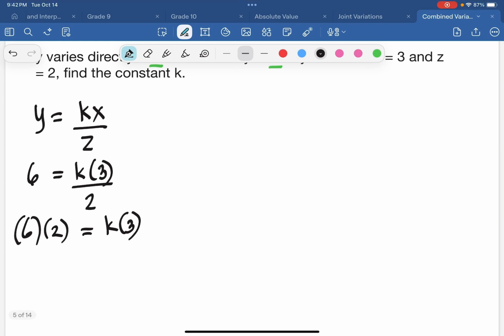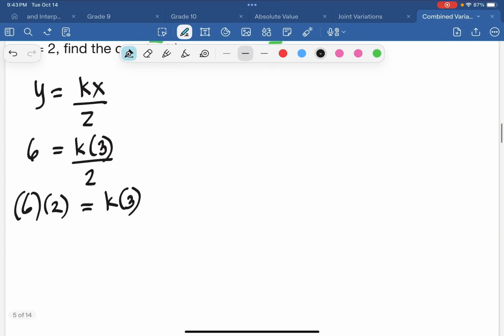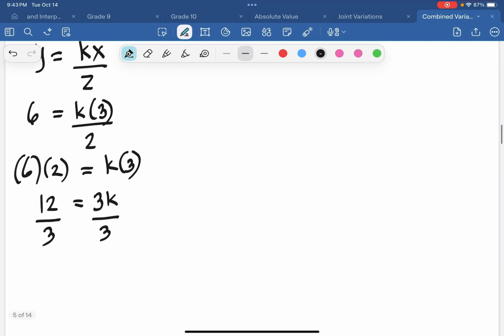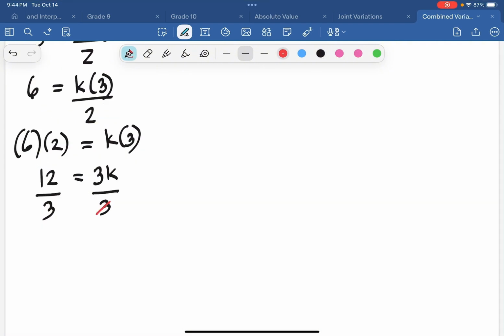Just don't touch or operate this one. Anyway, we have here 6 times 2 is 12 equals k times 3 or 3k, it's just the same. And then divide both sides by 3. So based on this, we could cancel 3, and then we are left with k, and 12 divided by 3 is 4. So the value of our constant here is 4.